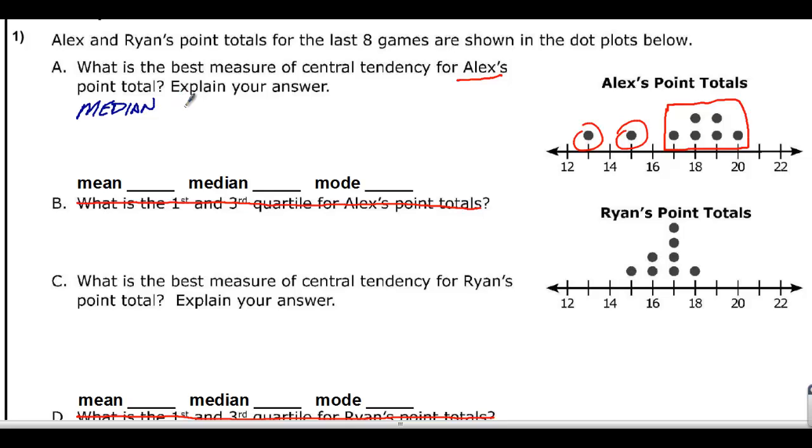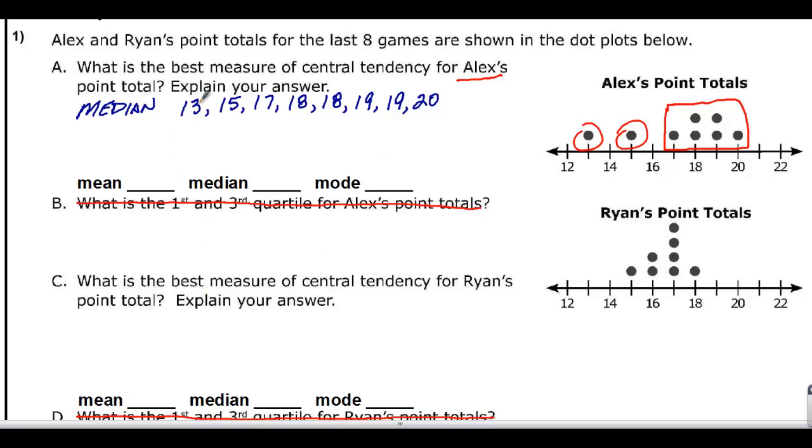So let's go ahead and calculate the median for this group. Remember, anytime we do a median, we take the data and reorder it from least to greatest. So we take all of the data and line it up, least to greatest, and then we figure out what's in the middle.